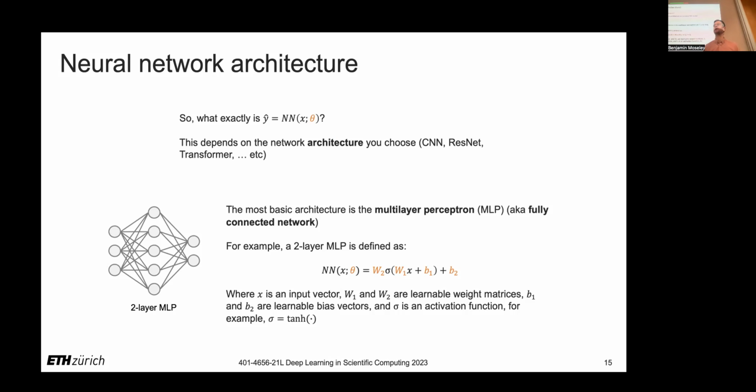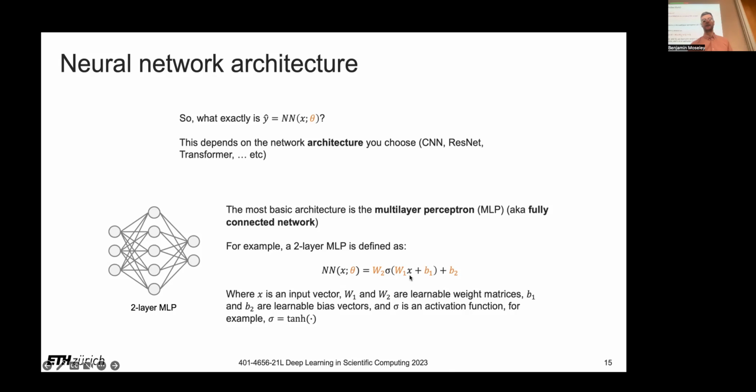So let's introduce the most basic architecture, called the multi-layer perceptron, also known as a fully connected network or a dense layer. There are different names for it in different deep learning packages. So how do we actually define this function? It's actually very simple.